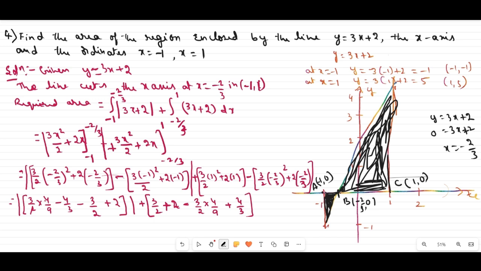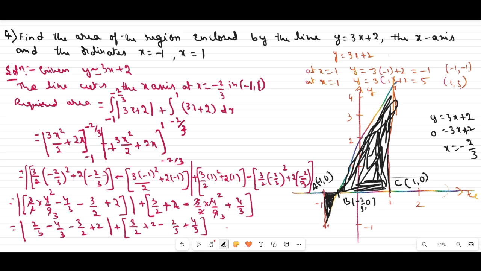Now let me simplify further. 2 ones are 2, twos are 3, ones are 3, threes are. After further simplification, modulus of 2 by 3 minus 4 by 3 minus 3 by 2 plus 2 plus 3 by 2 plus 2 minus 2 by 3 plus 4 by 3.